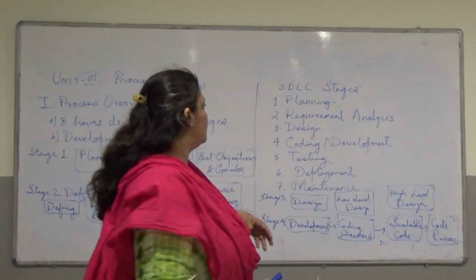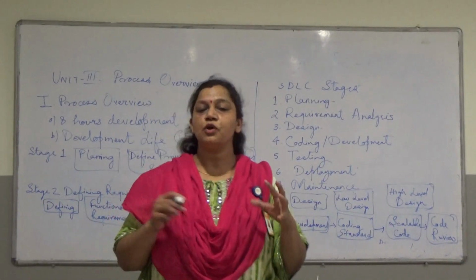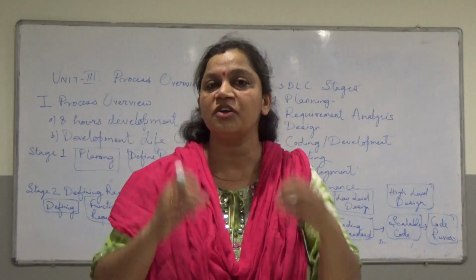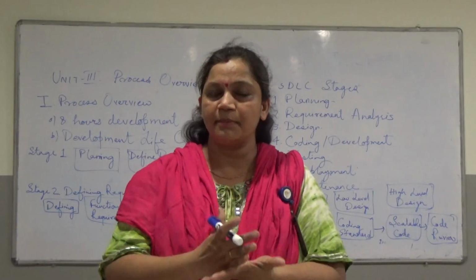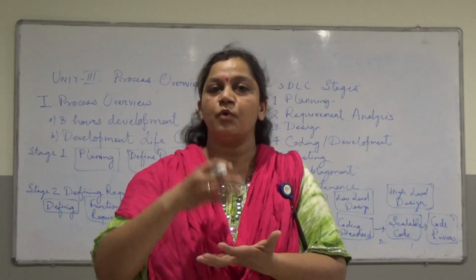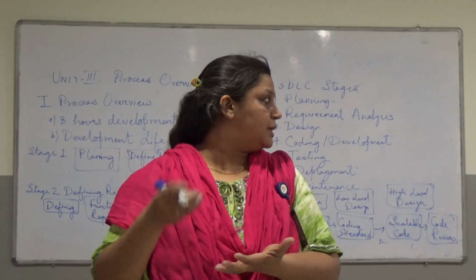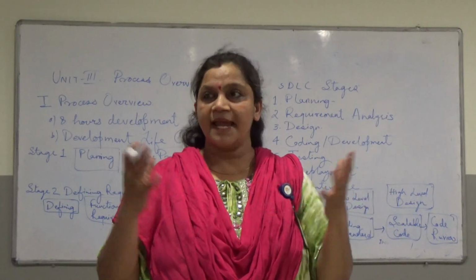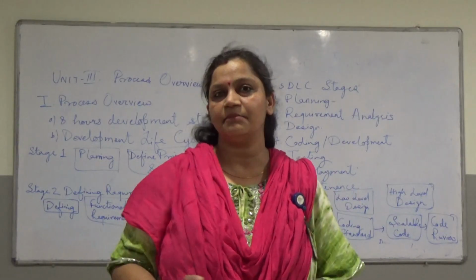Herein we do requirement analysis, wherein a team decides what requirements have to be implemented or embedded into the software. In a game, we decide the requirements and the end objective, how we are going to design it, and what qualities and features we are going to embed, so that when the game is deployed, the end user is comfortable. They should feel happy that they are paying something and getting something out of it.